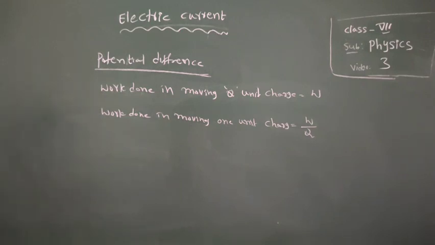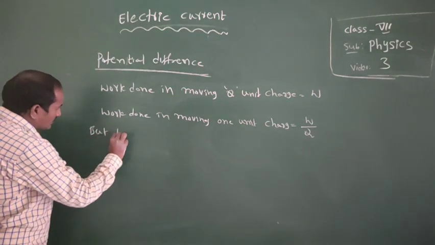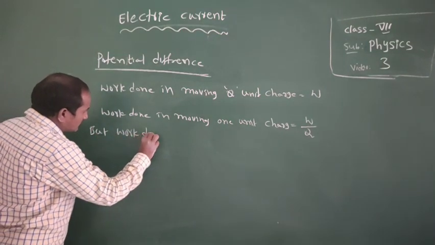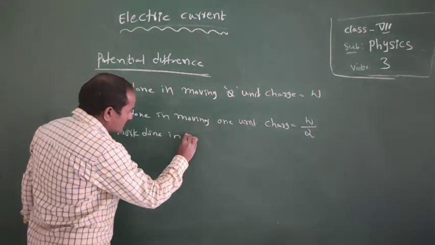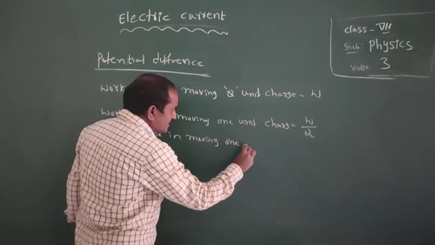Work done in moving one unit charge is equal to potential difference.